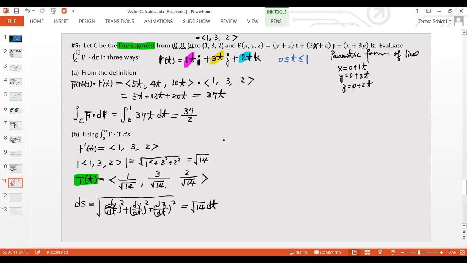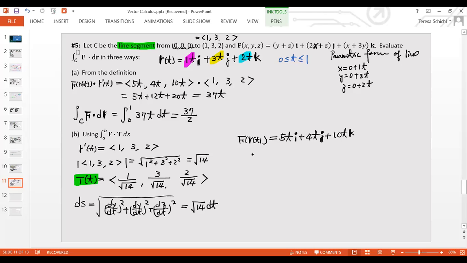This is basically the same as the first one. The F(r(t)) is still the same. What you will have here is 5t i plus 4t j plus 10t k. So these are my components.